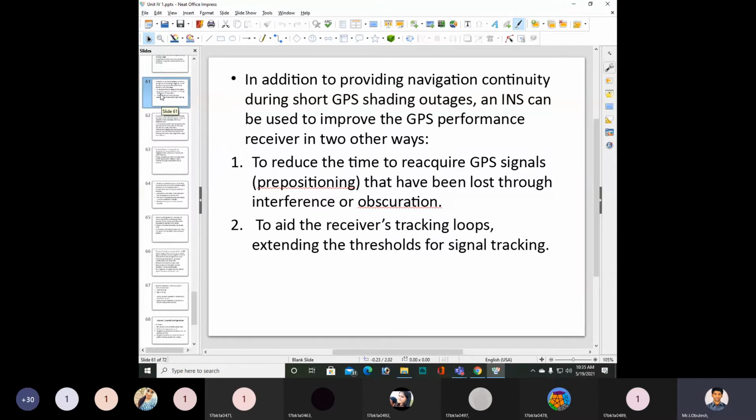So these are the two other ways to improve the GPS receiver performance.